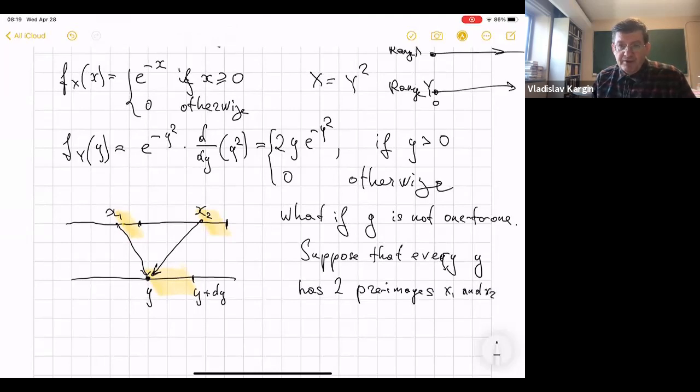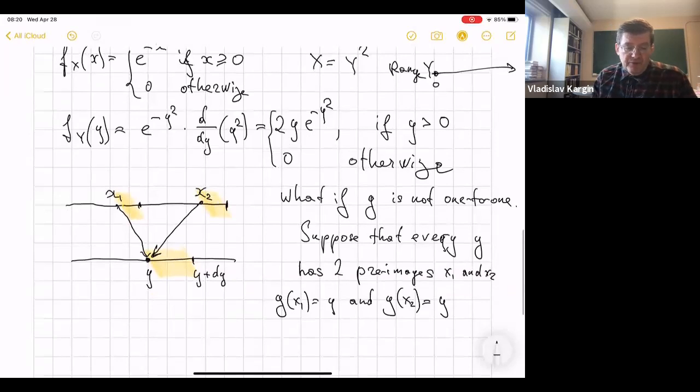That means that g of x1 is equal to y and g of x2 is equal to y.